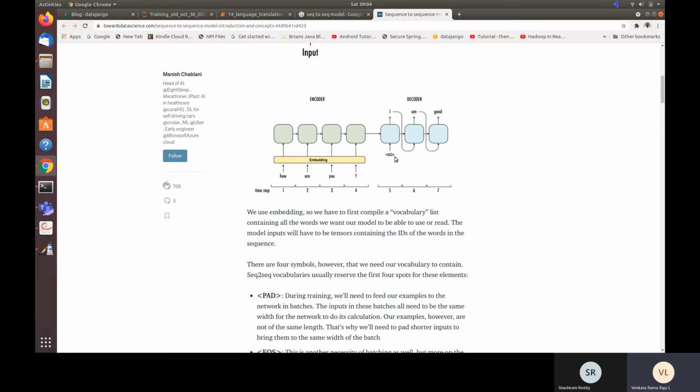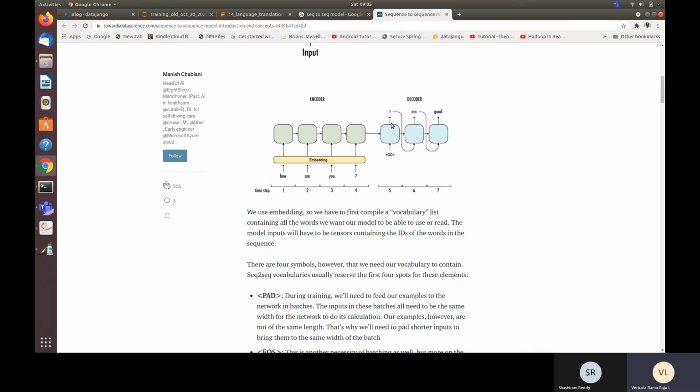But for the decoder, there is no input. So we'll take some dummy input while training, say go, okay? And then we pass the I am fine sentence. Whatever is generated is going to be compared with I, and that generated value is going to be passed as input to the next cell. And am is going to be compared with am.